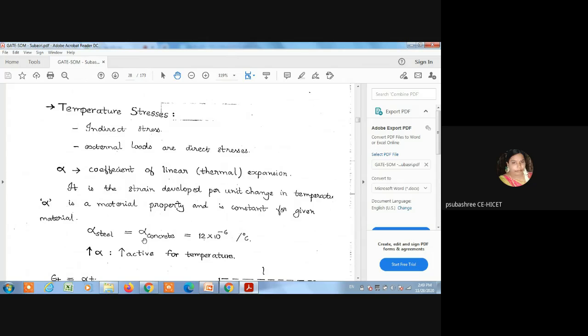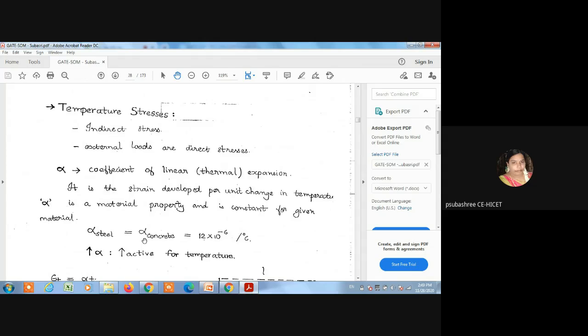Then alpha, the coefficient of linear thermal expansion, is the strain developed per unit change in temperature. Alpha is a material property and is constant for a given material. The value of the coefficient of linear expansion of steel and concrete: alpha steel is equal to alpha concrete is equal to 12 into 10 power minus 6 per degree Celsius.